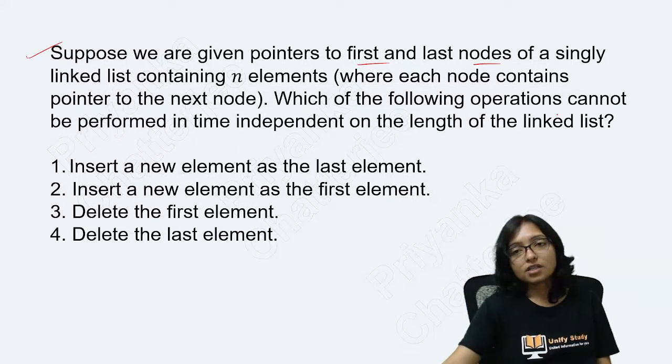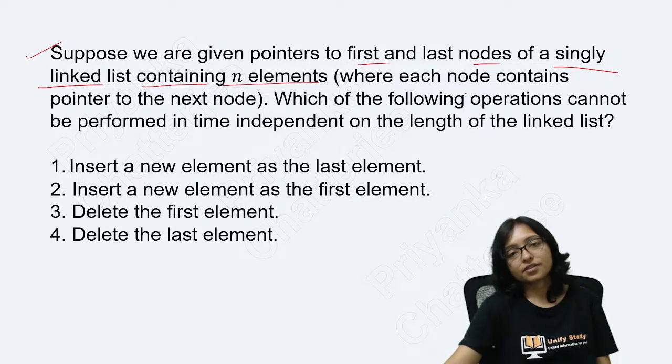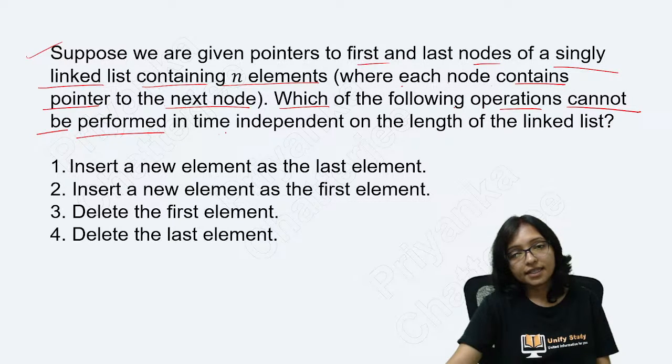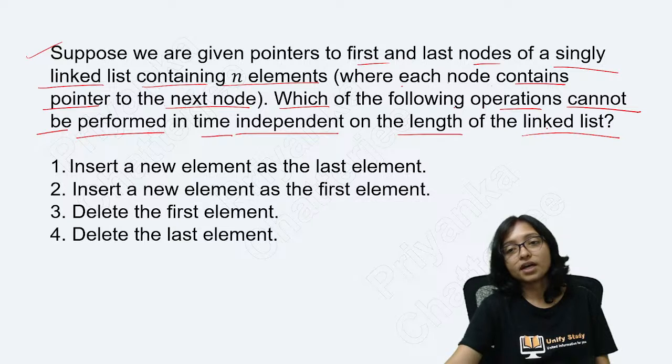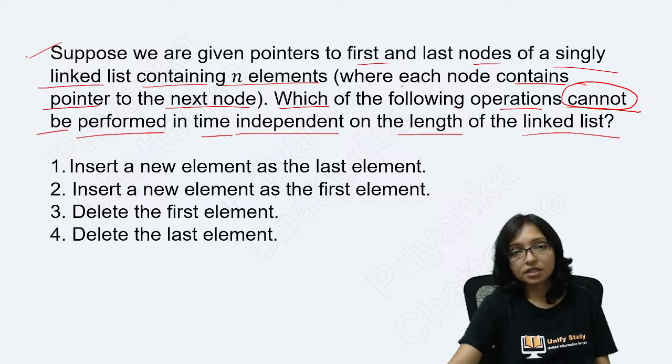First and last node of a singly linked list containing n elements, where each node contains a pointer to the next node. Which of the following operations cannot be performed in time independent of the length of the linked list? Very carefully you need to understand the question.